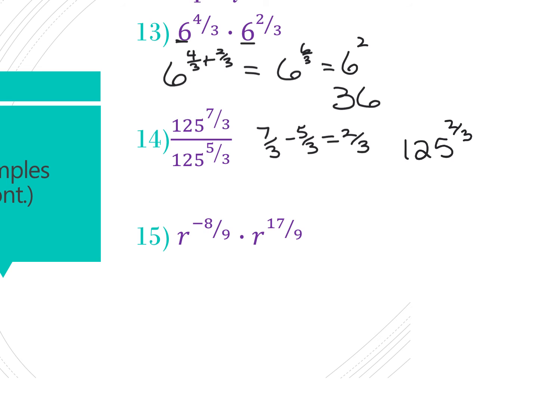And again, how we just learned it, we're going to find the cube root of 125 and then square the answer. Cube root of 125 is 5, because 5 times 5 is 25, times 5 again is 125, and then I square it, and I get 25.